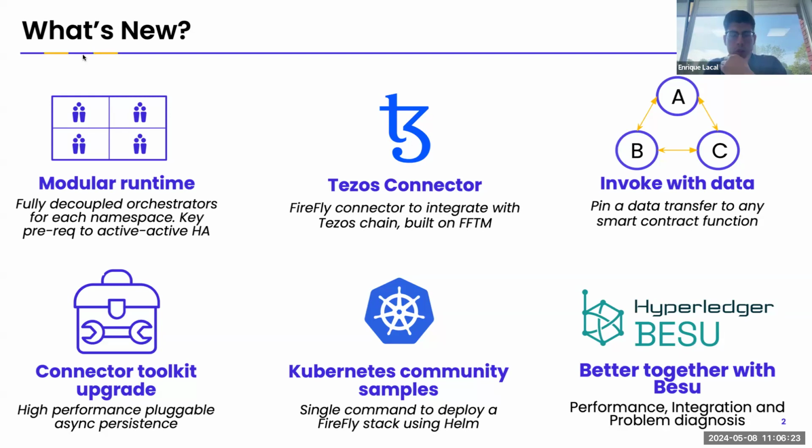Each namespace now has its own event stream to communicate with each blockchain connector it's connected to, instead of using the same event stream across different namespaces. So here we have more isolation across the namespaces, and this is a really good step toward achieving high availability, which is an issue we've had for a while. We've called it active-active. I think we'll pick that up in the future in other calls.